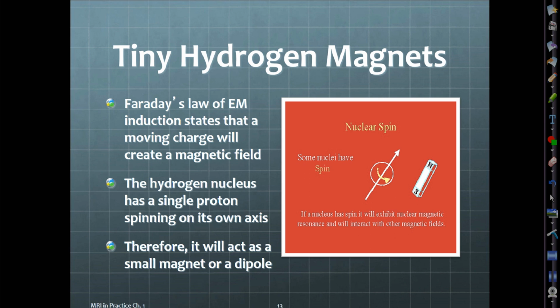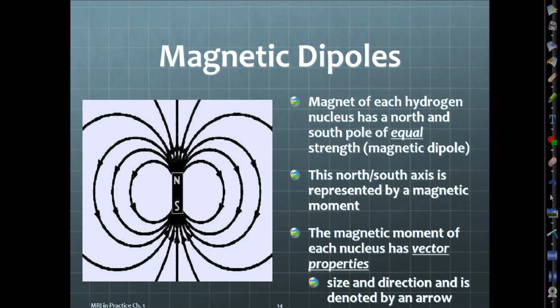They all mean the same thing. But here is a great diagram showing that a charged particle in motion will create a magnetic field perpendicular to that motion, and it creates a little bar magnet with a north and a south pole, which is where you get the term dipole, two poles.